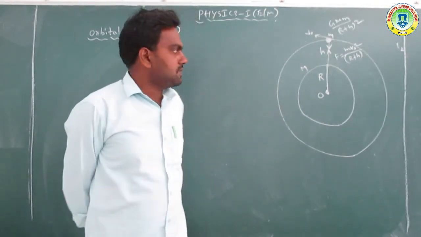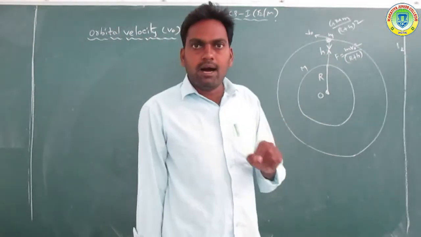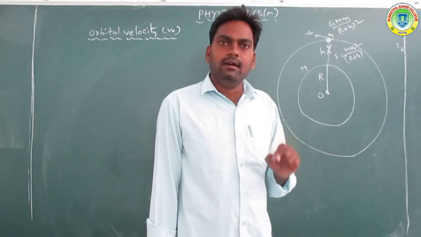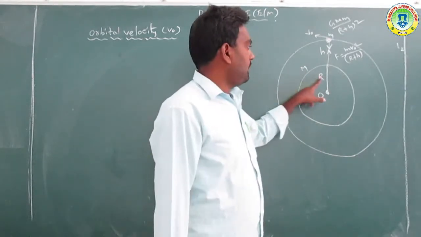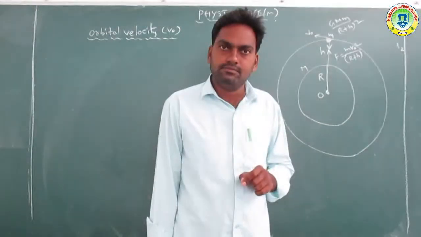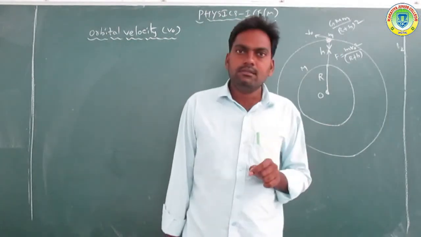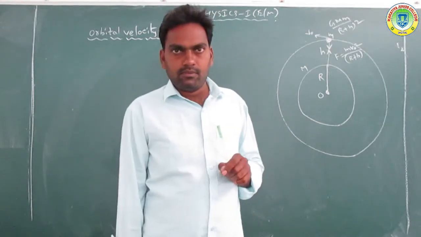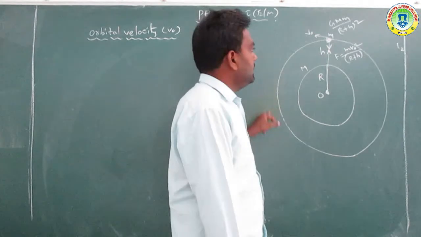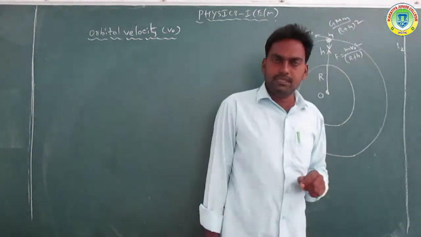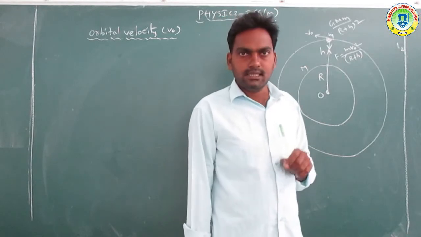First we consider the earth of mass M and radius R. Now we consider the satellite of mass m revolving in a circular orbit with velocity v naught.